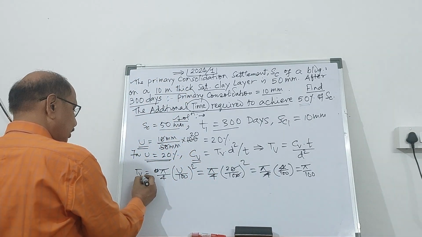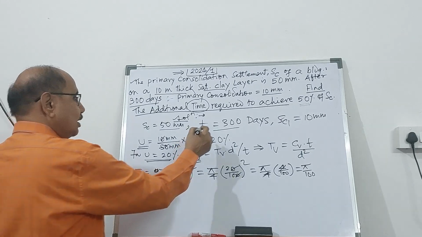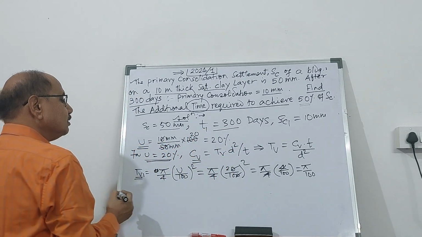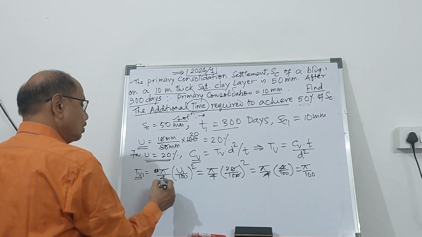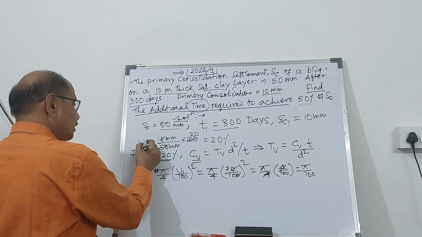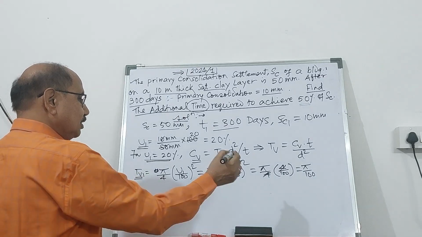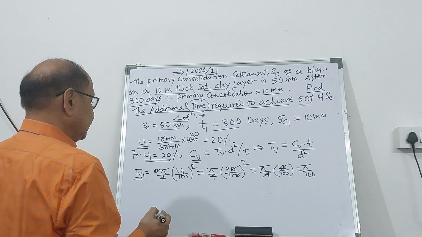So TV1 for T1, with U1 equal to 20%, is pi by 100.